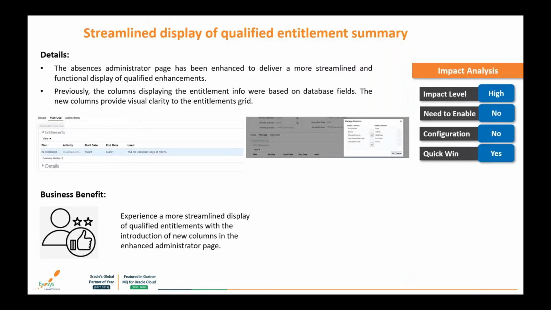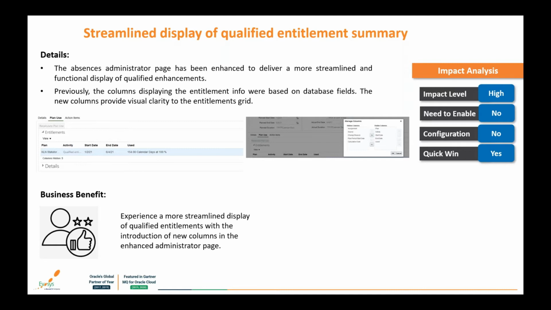Coming to the first feature, this feature is on the absence recording page. Normally we have a qualified entitlement summary on the absence record page, where we have information on the entitlement which the employee is entitled to. To this section, there are some enhancements done by Oracle.